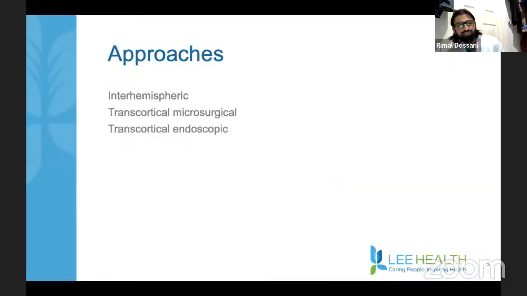There are various approaches to tumors and lesions in this location. The most traditional approach is intrahemispheric transcallosal, but then there are other more practical and more straightforward and easier approaches from a technical standpoint that include transcortical microsurgical approach, and in the more modern era, transcortical endoscopic approach.